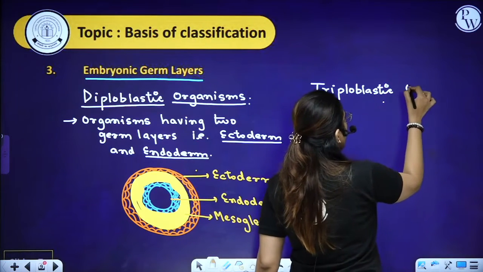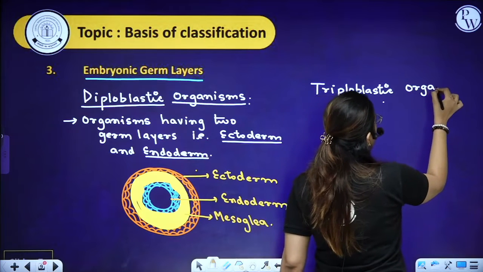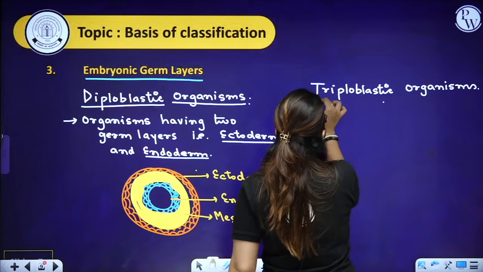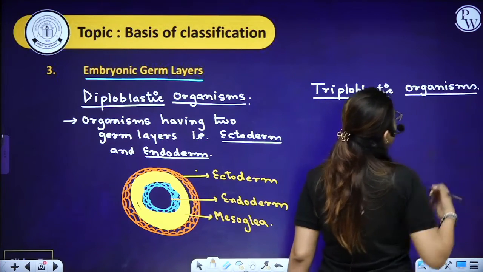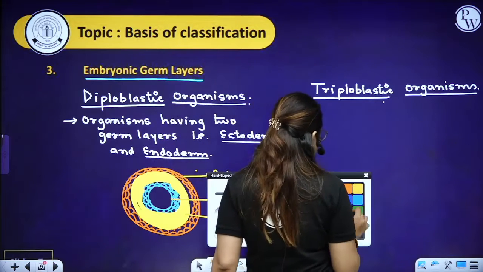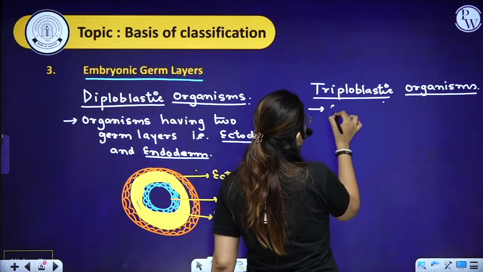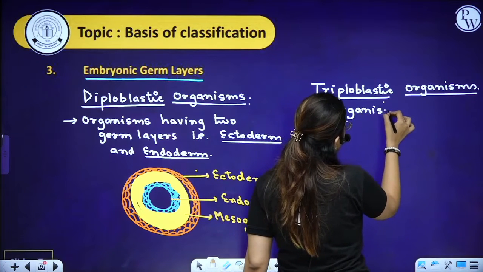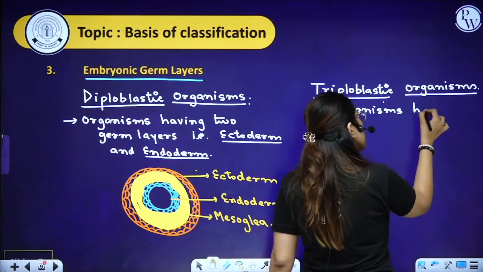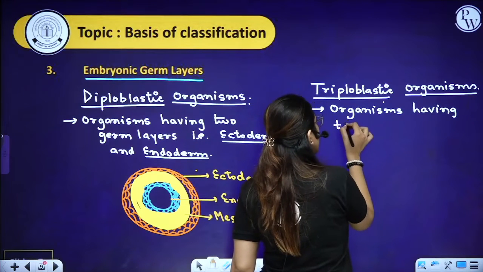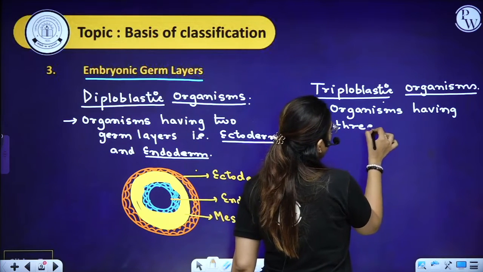Triploblastic organism. So the name itself indicates triplo. Triplo means 3 germ layers. So that means organisms having 3 germ layers during the course of development.